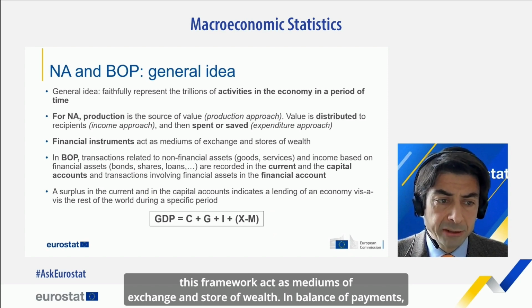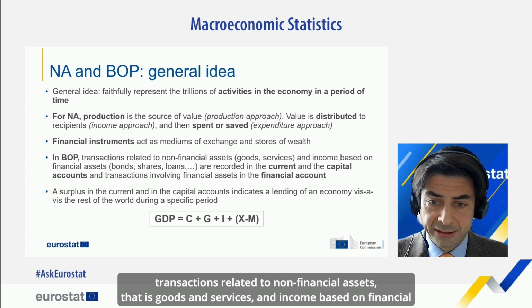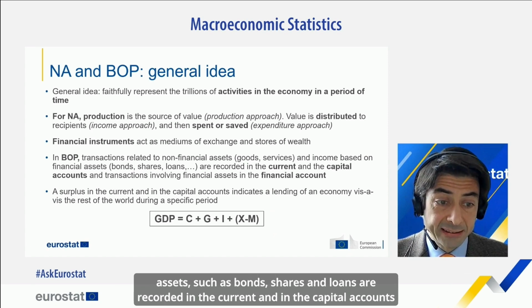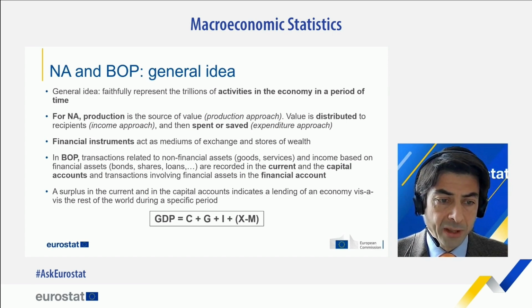In balance of payments, transactions related to non-financial assets, that is goods and services, and income based on financial assets, such as bonds, shares, and loans, are recorded in the current and in the capital accounts, and transactions involving financial assets are recorded in the financial account.